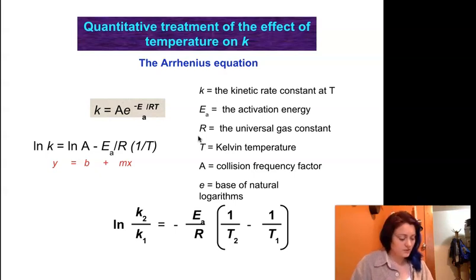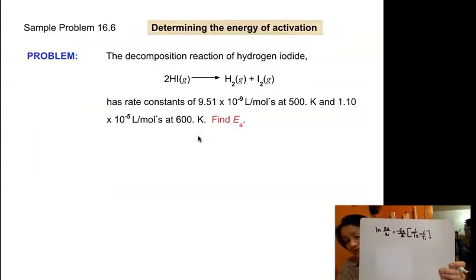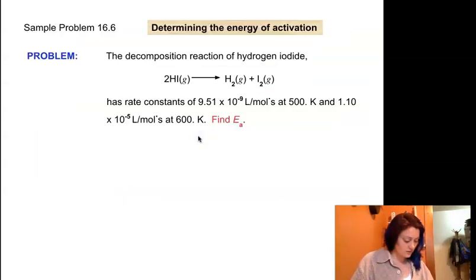All right, so let's look at this. If we copy this equation here, ln k2 over k1 equals negative EA over R, 1 over T2 minus 1 over T1. Okay, so here we are. And we're just going to take those variables. So k1 is 9.51 times 10 to the negative 9th, and T1 is 500 K. All right. k2 is that second k, so 1.1 times 10 to the negative 5th.